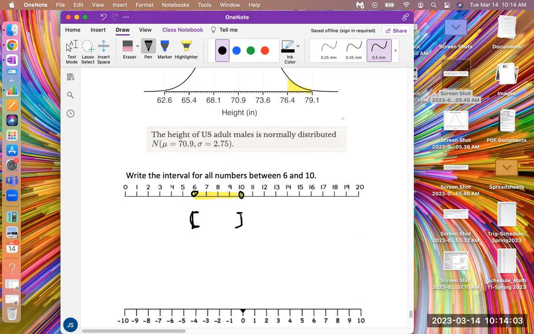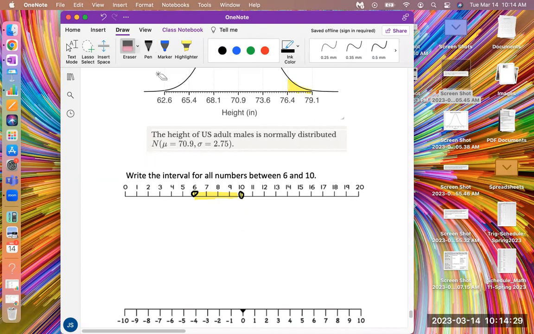And if it did not include 6 and 10, so all the numbers between 6 and 10 but not 6 itself, like 6.1111 or 6.0001, numbers real close to 6, then you would use parentheses.